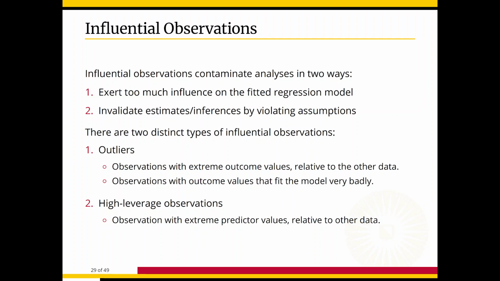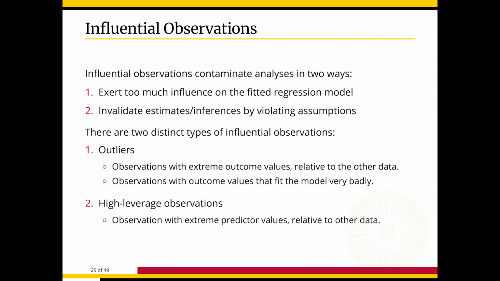Okay, but outliers are about extremity in the Y dimension. The second case we have are high leverage observations, and these are extreme in the X dimension. So high leverage observations are observations that have extreme predictor values relative to the rest of the data. So it's the same idea as an outlier. You have some X values that are really, really large or really, really small. They're really extreme relative to the majority of the X data.